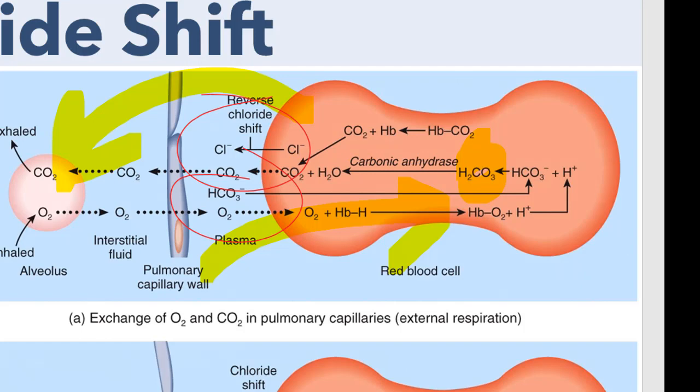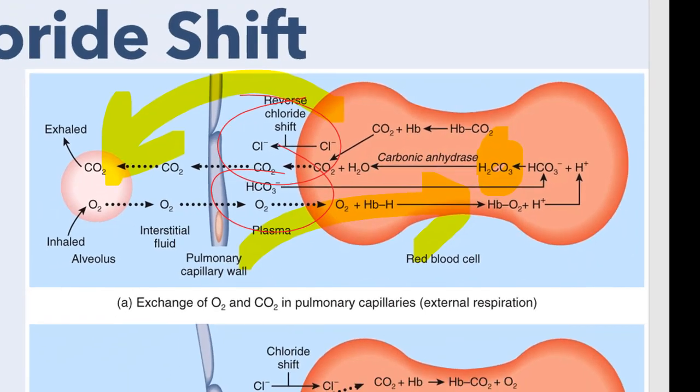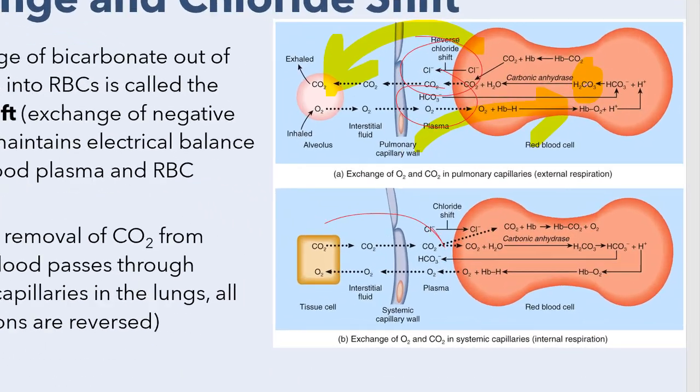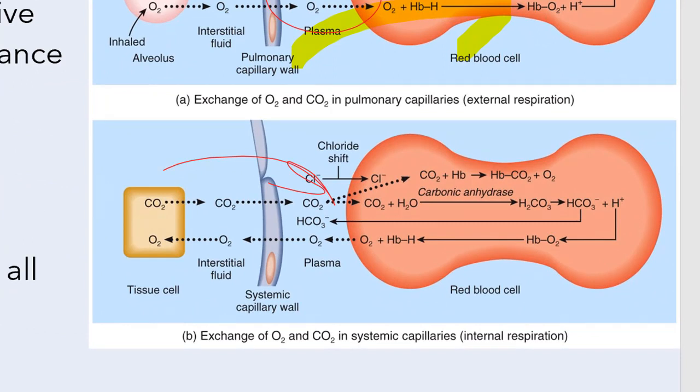The opposite happens in internal respiration. When the carbon dioxide leaves the tissues and enters the blood, it will combine with water and give us eventually bicarbonate. Bicarbonate will leave the red blood cell into the plasma, and that's how it's going to travel. And when we're kicking out the bicarbonate here, we need to take in chloride to keep that negative ion balance.